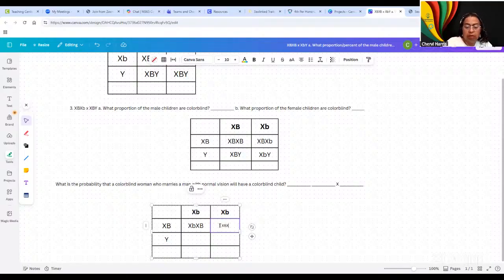Who's also going to inherit the normalness from dad. So she also is not going to be colorblind. However, the boys are not going to be so lucky. All the boys are getting X lowercase b from mom. So that's one boy that's colorblind. And the second boy will be also.